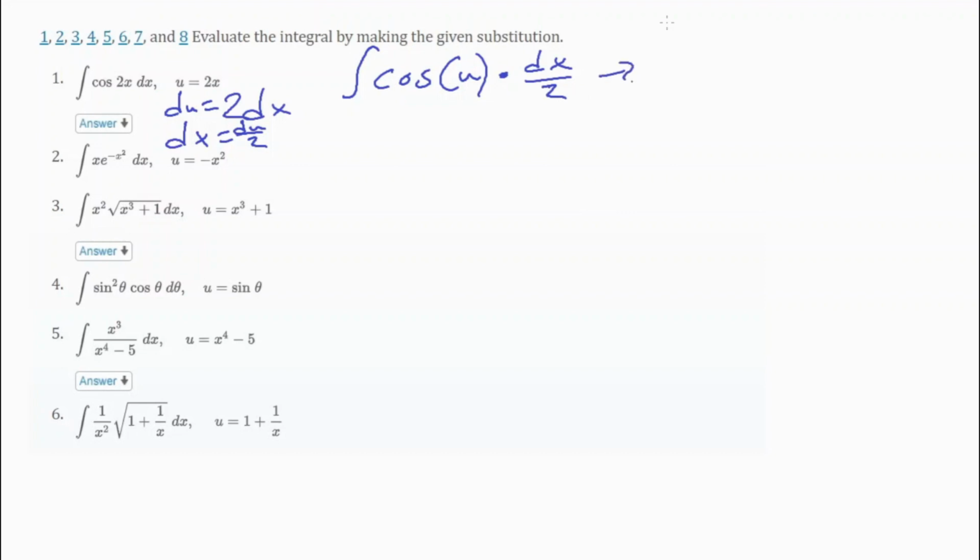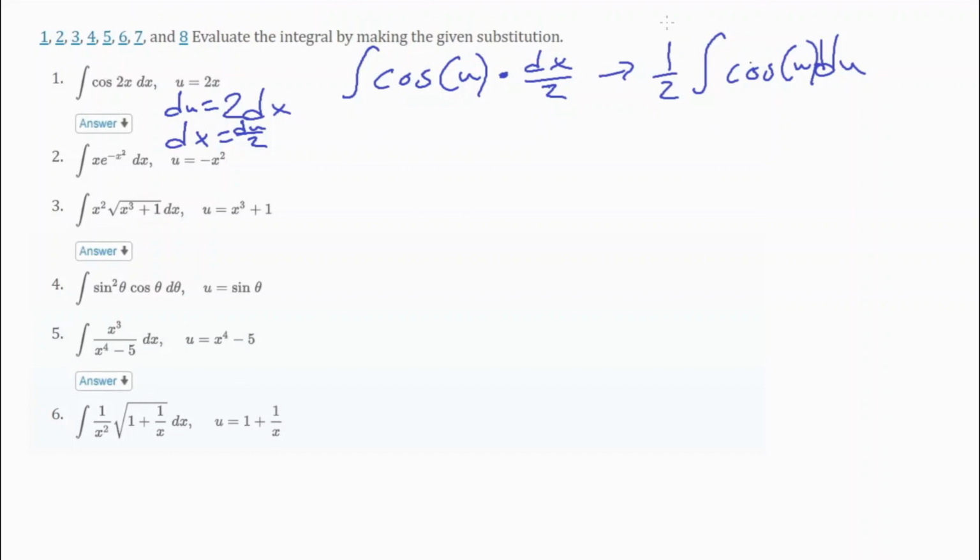And we could factor out the 1 half. So we're going to have 1 half integral cosine u du. And the reason why we could factor out the 1 half is because it's a constant. Any constant in an integral can be factored out.